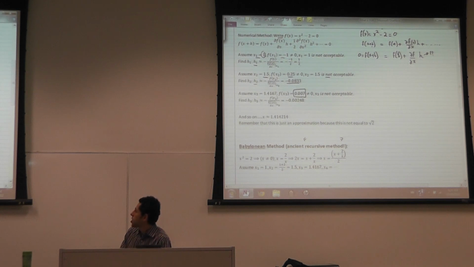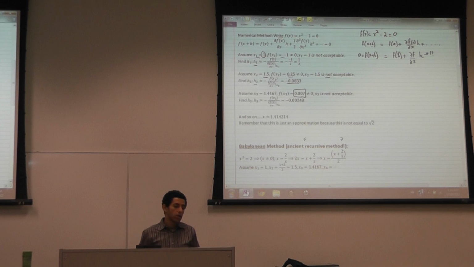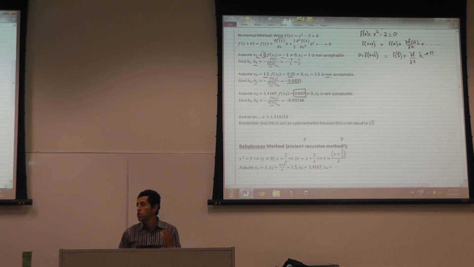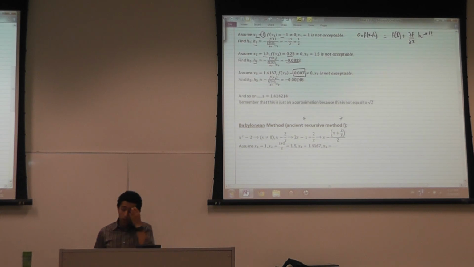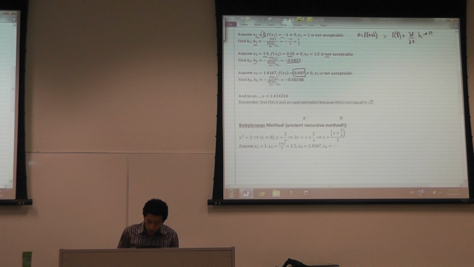Recursive methods are methods in which you have a certain equation, and the output from that equation, you use it again as an input to that same equation. And this is an ancient method that they used to find the square root of different numbers.